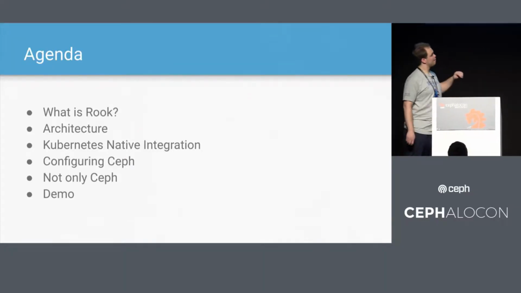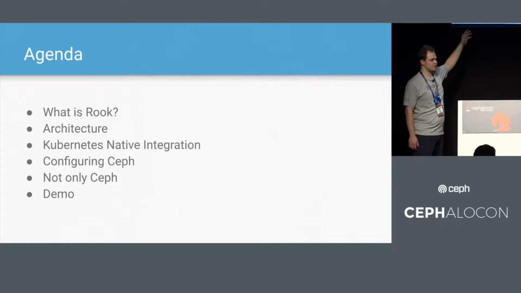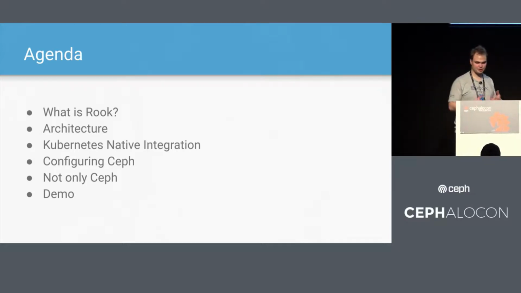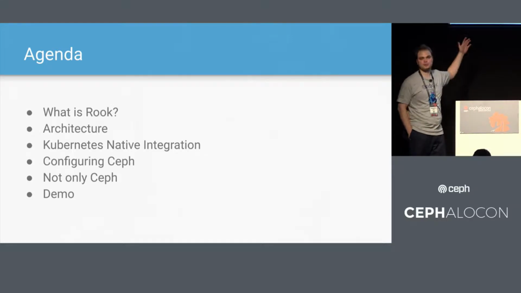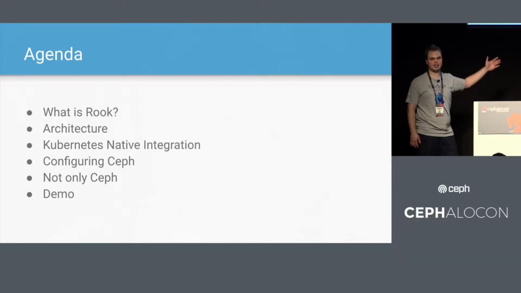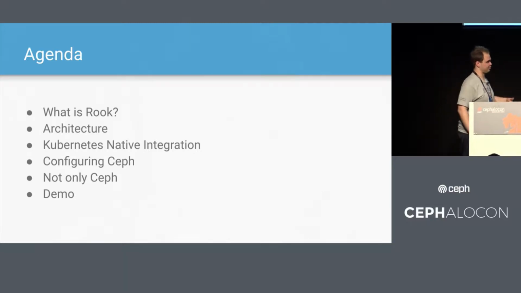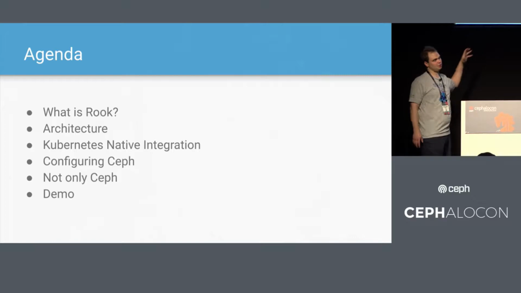For the agenda, we have what is Rook, the architecture, so you know it's not only doing something with storage but also something with Ceph. We have, as the most important part, the Kubernetes integration. Otherwise, Rook wouldn't exist if it wasn't about Kubernetes. We have a special part for Ceph with the configuration.